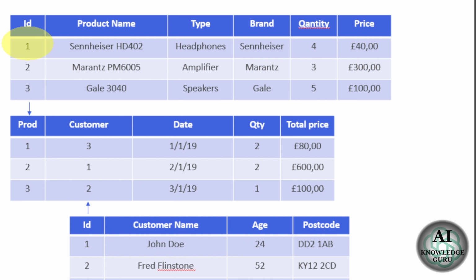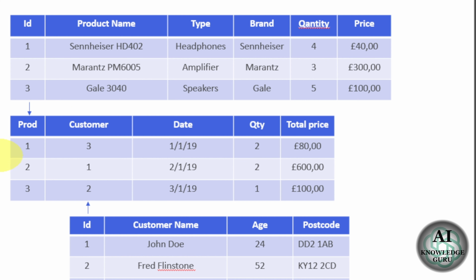Now this data is linked to the products which we have. So for example, if we pick product 3, Gale 3040, that's a speaker type. Gale is the brand, quantity is 5, 100,000 is the price.